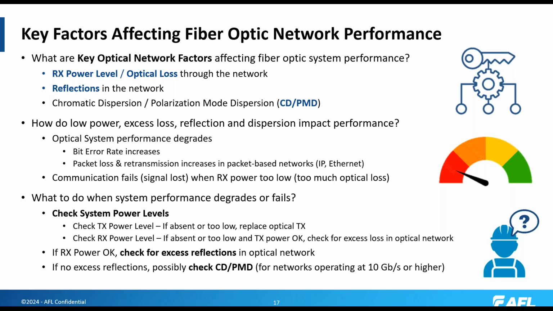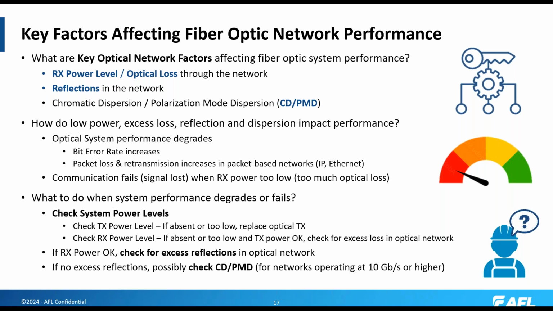First thing you can do is check your system power levels. Verify the output power level of a transmitter. If it's absent or too low, you're going to have to replace the optical transmitter, the laser in that network. Check your receive power level.